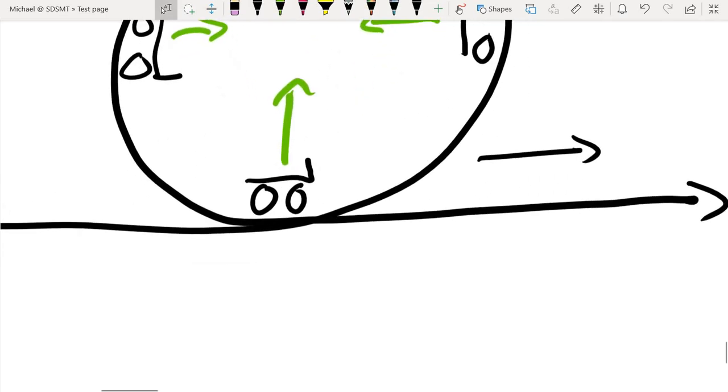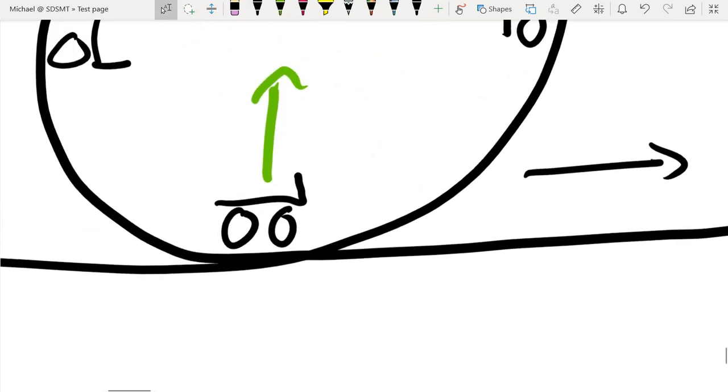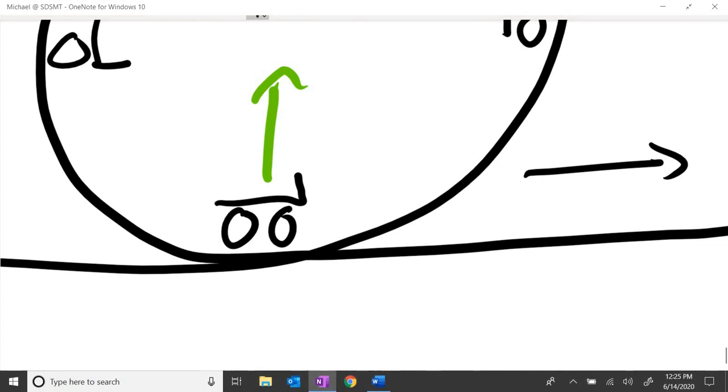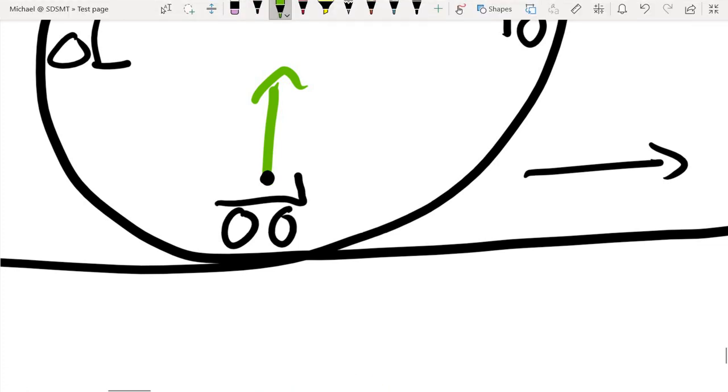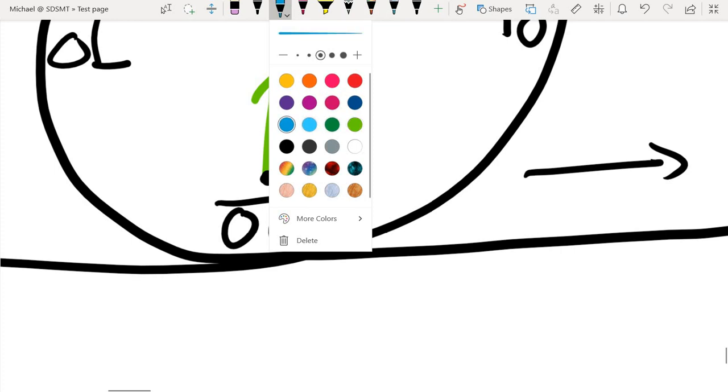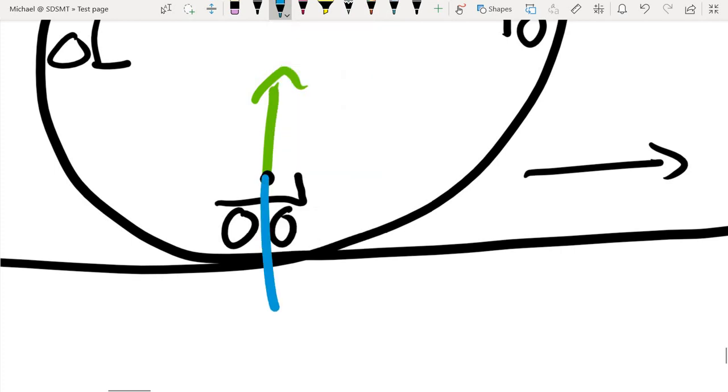And we'll focus on the bottom portion of the track here. At this particular location, you and the bike will have some amount of weight that is associated with you. So we have mg.